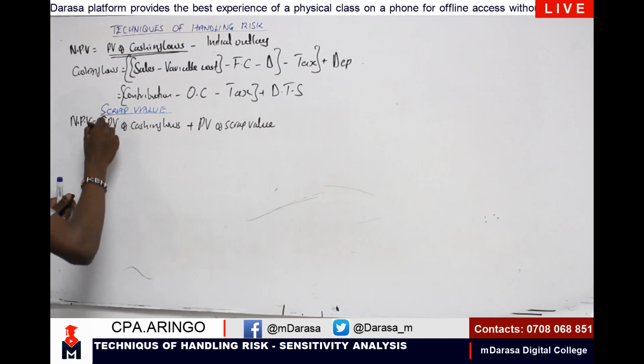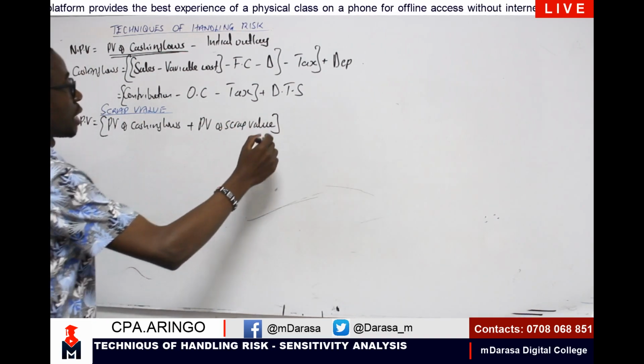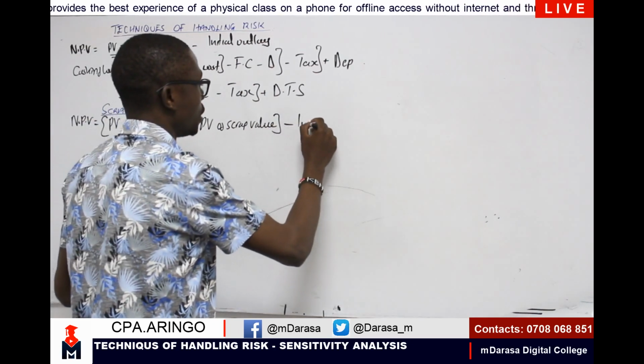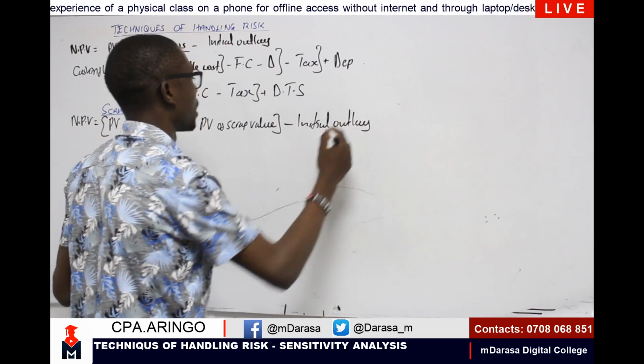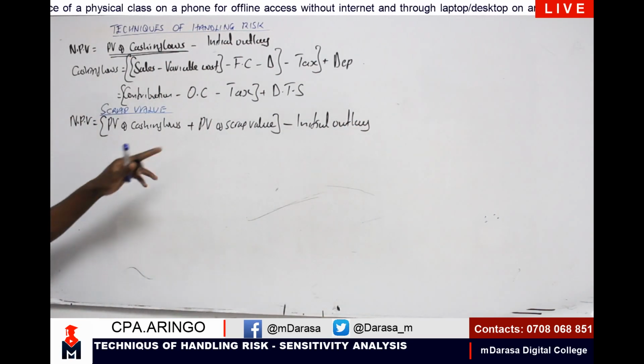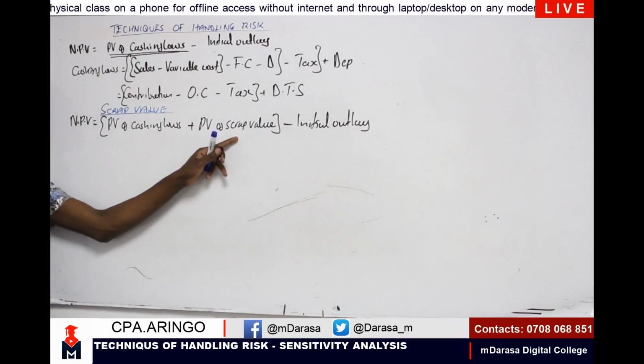In this case, we are going to have all these items. Now we deduct our initial outlay. We can all agree that nothing much has changed other than us introducing our scrap value.